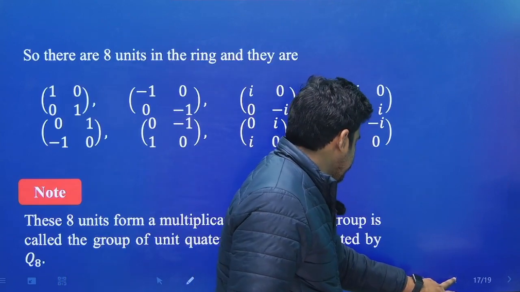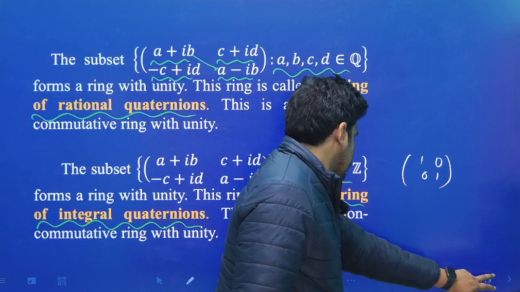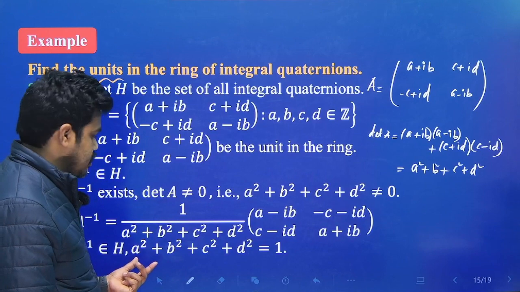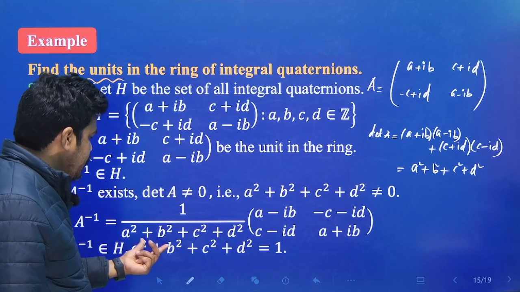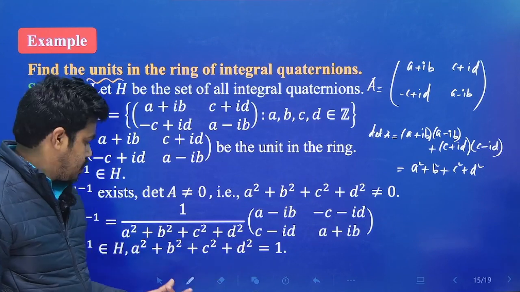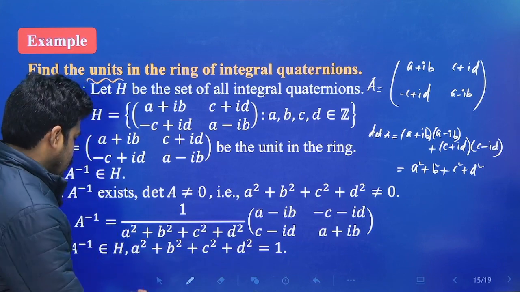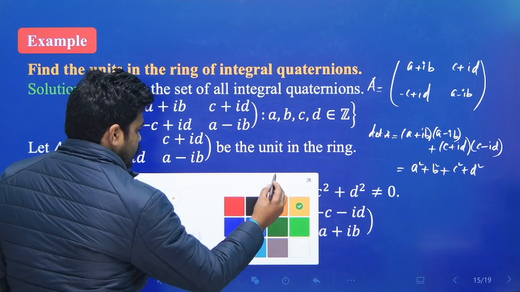তাহলে দেখো এখানে আমি since just see since a inverse belongs to H, ঠিক, the determinant A must be 1, so a square plus b square plus c square plus d square, so that is 1, clear?